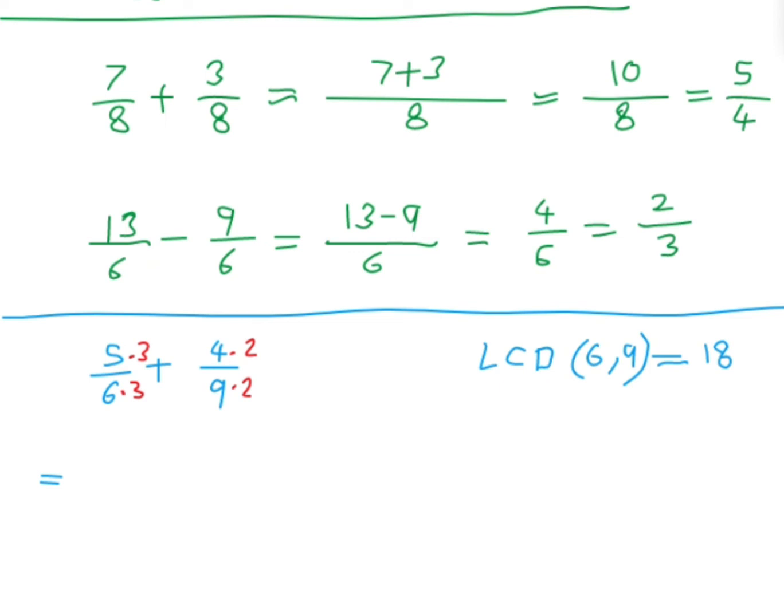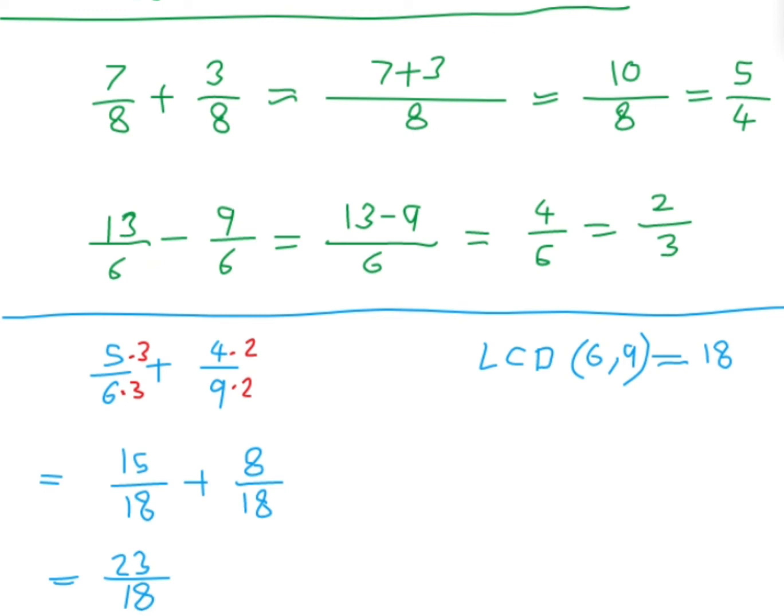So like this, 5 times 3 is 15 upon 18, plus 8 upon 18. Now with the same denominator we can easily add the numerators. So 15 plus 8 is 23 upon 18, and this is our answer.